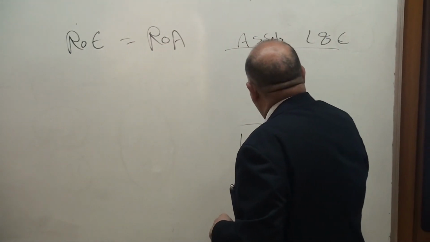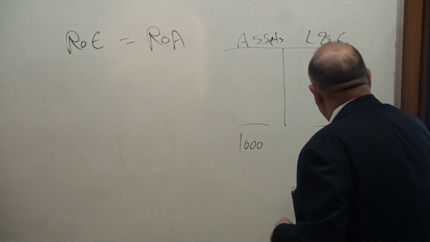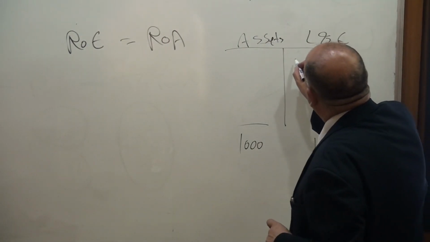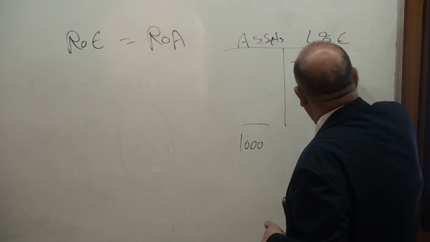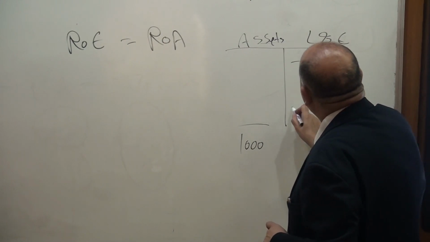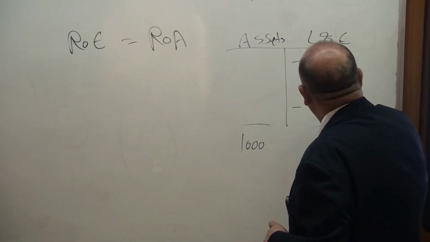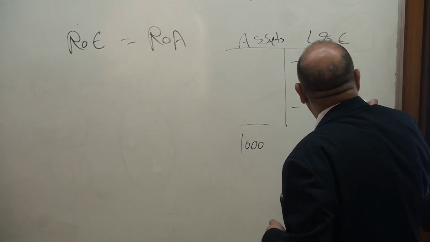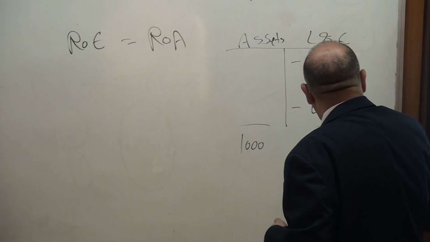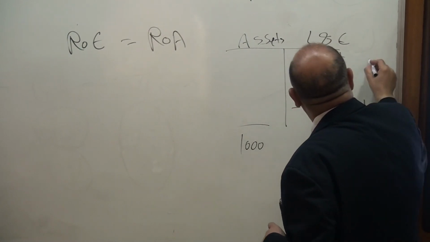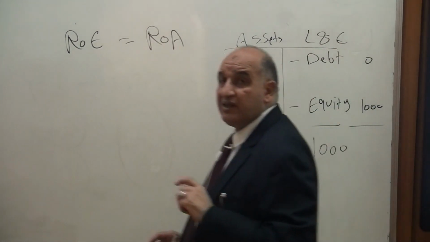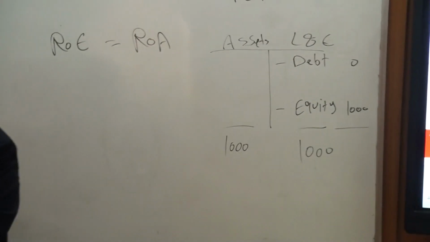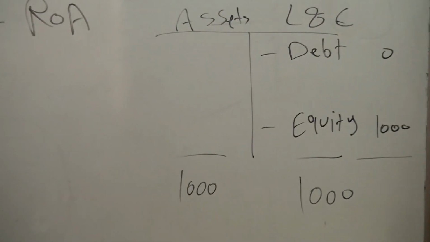If the assets equal 1,000 and this is 1,000, if the company has 0 debt and is financed totally by equity, so in this case our equity equals 1,000. So this is the only situation that ROE equals ROA.